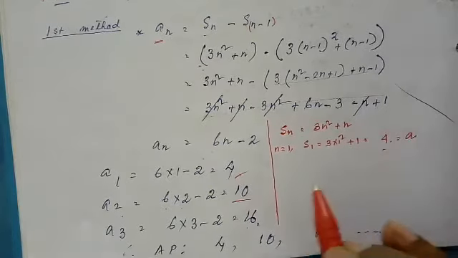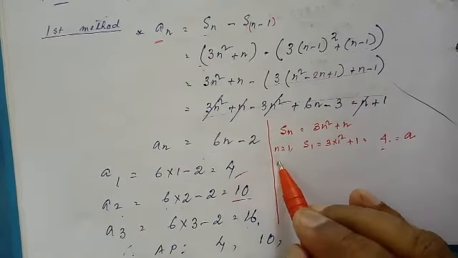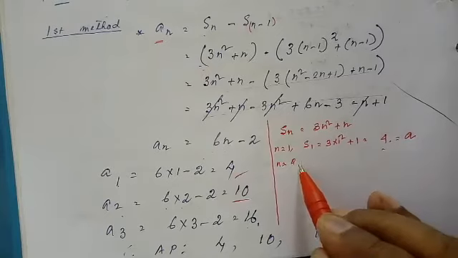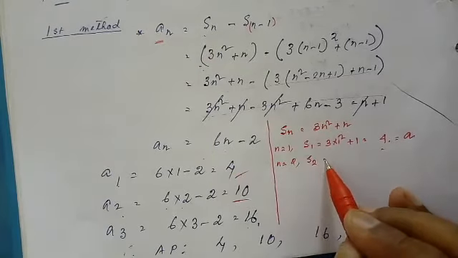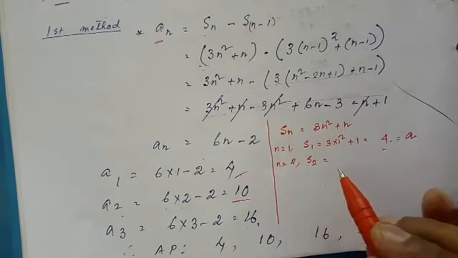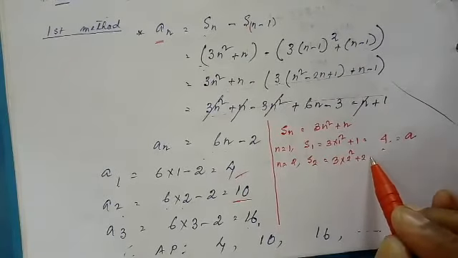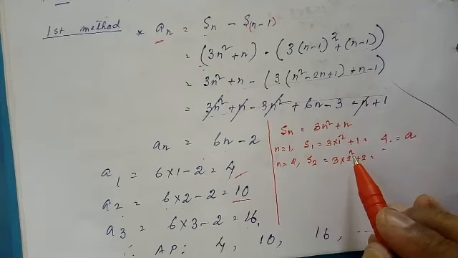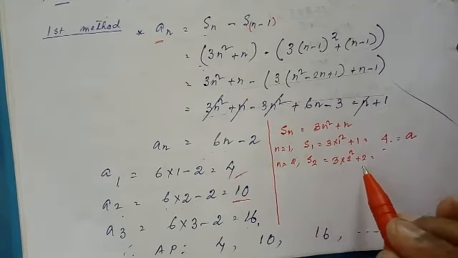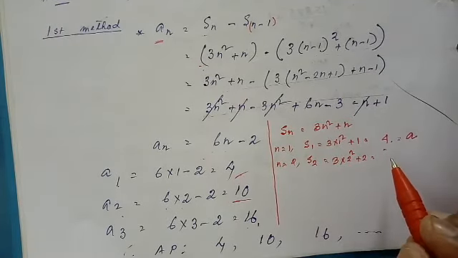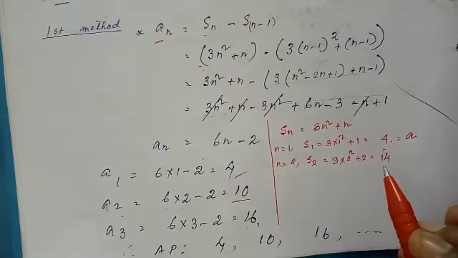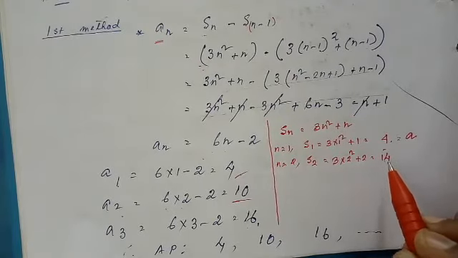That is, this is A. Now for n is equal to 2. S2 is equal to 3 into 2 square plus 2. 2 square means 4. 4 into 3, 12. 12 plus 2, 14. It is the sum of two terms.